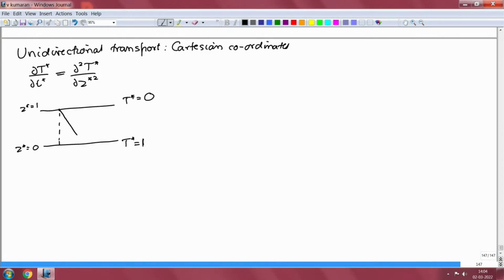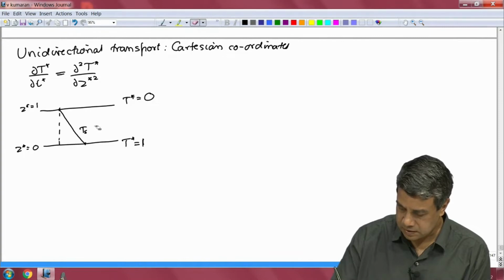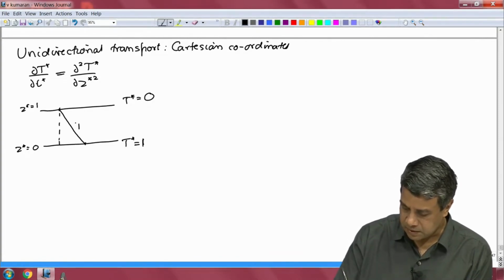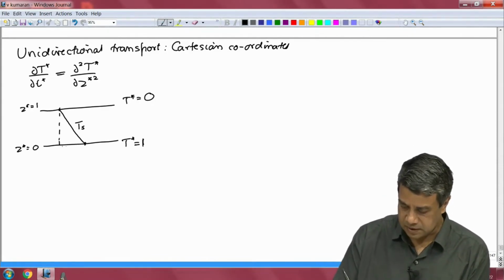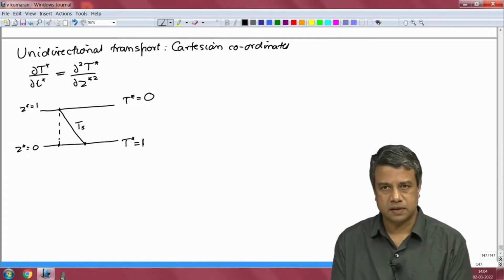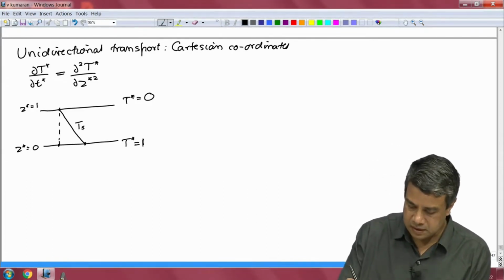And the steady solution was a linear function. This was the steady solution, Ts, that is independent of time. It goes from T star is equal to 1 at this point to T star is equal to 0 at this point. And we were solving for the transient part.